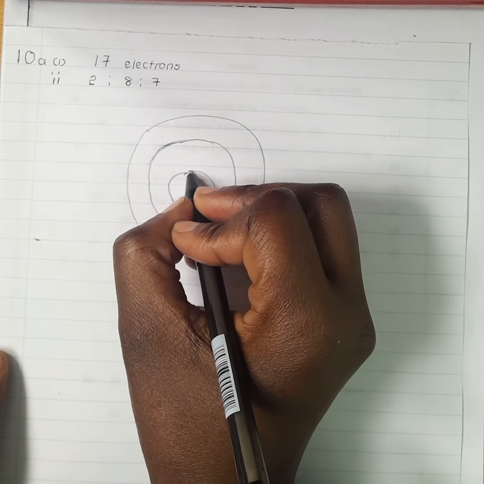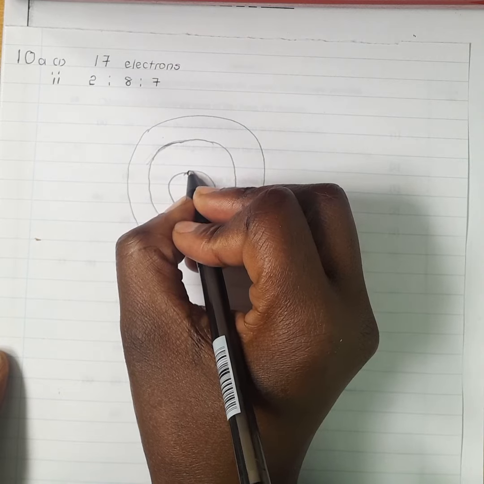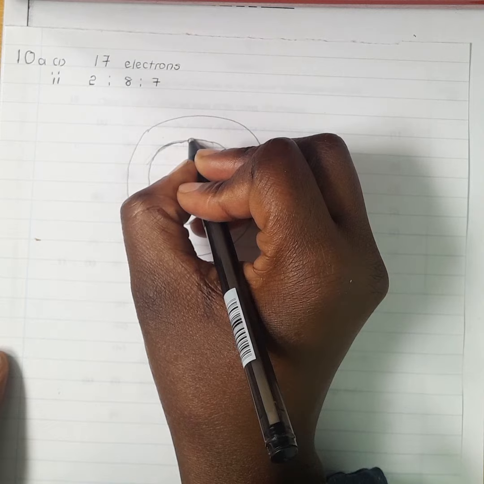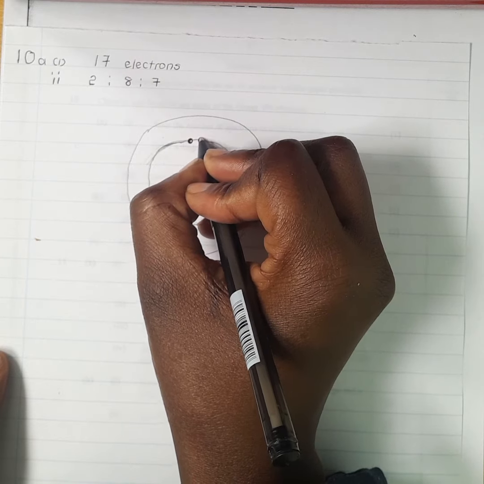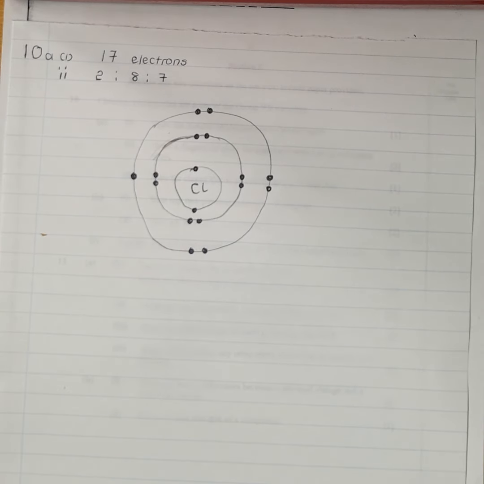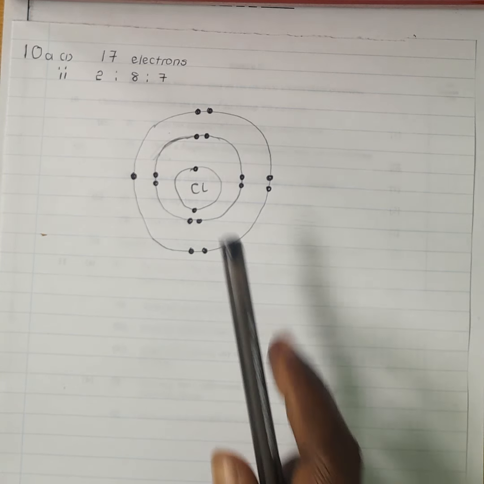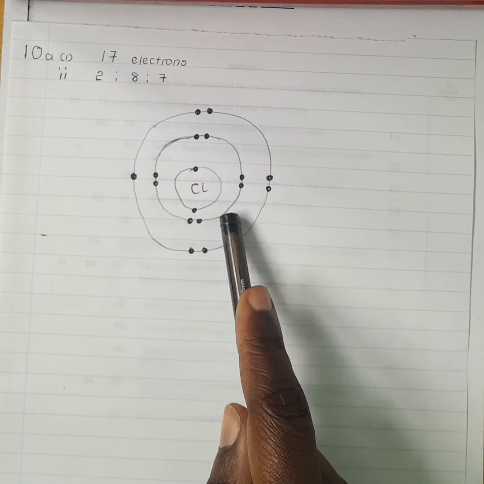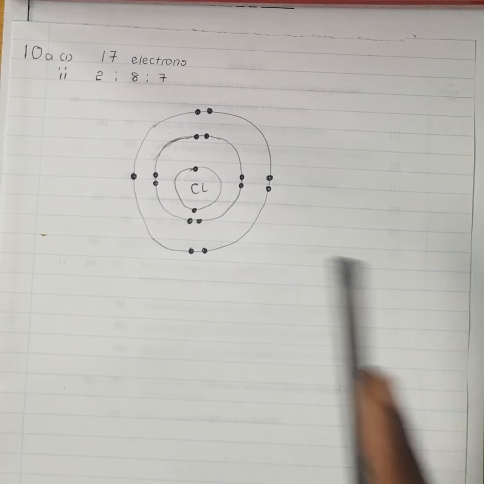In the first shell, we are going to fill 2 electrons, and then in the second shell, we're supposed to fill 8 electrons. So this is going to be the electronic structure of chlorine. We have 2 electrons in the first shell, 8 electrons in the second shell, and then finally 7 electrons in the final shell.